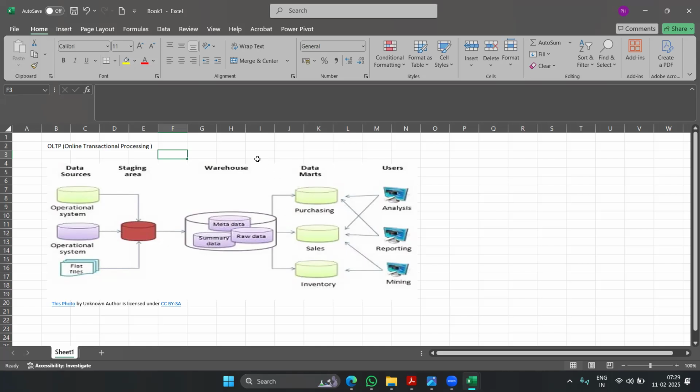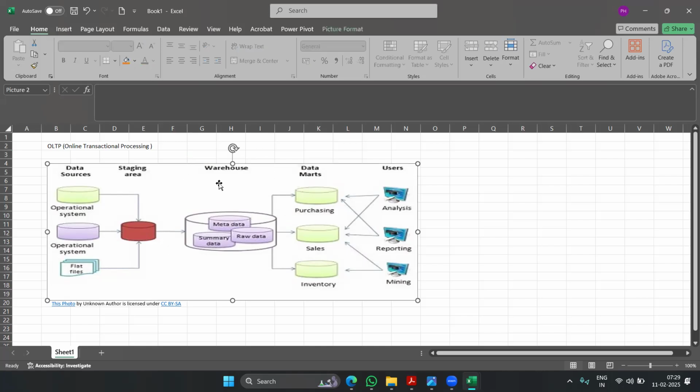Let us create a warehouse, right? What it is going to do is, at the end of the business day, take a copy of all your new records, whatever changes happened. We normally call it change data capture, CDC. Say yesterday you have 100 records.